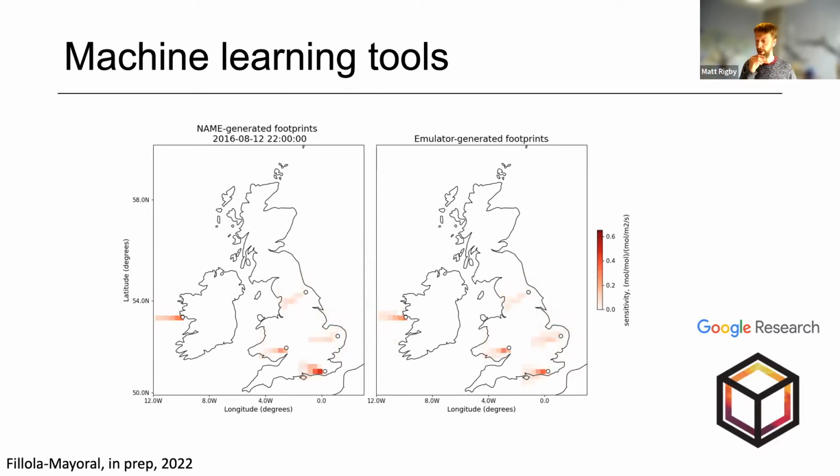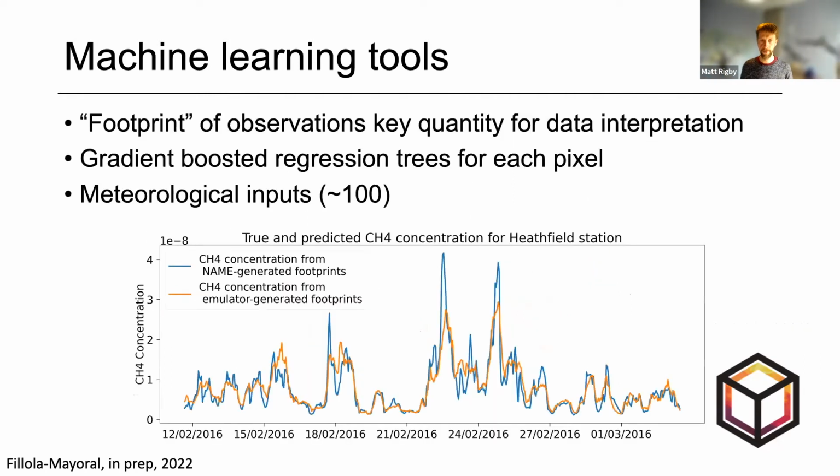This has now spun out into a Google PhD fellowship, which is building on this, and hopefully this will become a service that can be provided to users through the OpenGHG platform if we can work out some of the finer details.